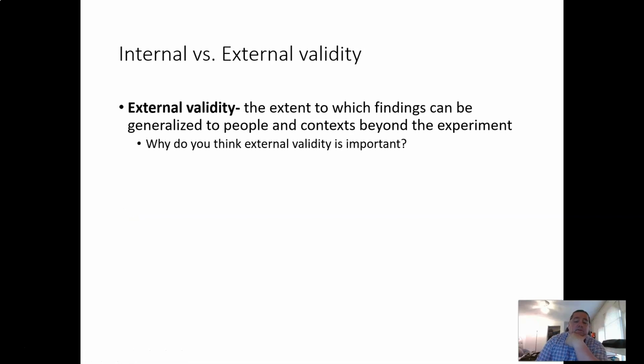So internal versus external validity. External validity is the extent to which findings can be generalized to people and contexts beyond the experiment. Why do you think external validity is important? In general, it's important because just like in the video that we saw, they had pretty much Caucasian men and, for the most part, Caucasian children looking at the pictures.